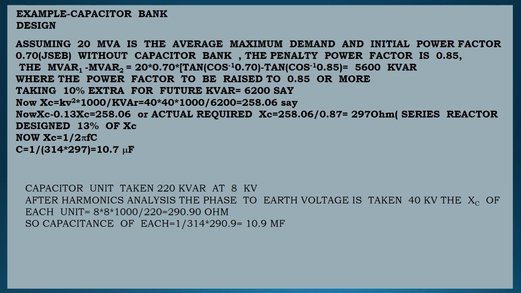For JCB, it was noticed that without capacitor bank, its power factor was 0.70, and the penalty they were imposing at 0.85. So what we should do? We raise the power factor from 0.70 to 0.85 or more.